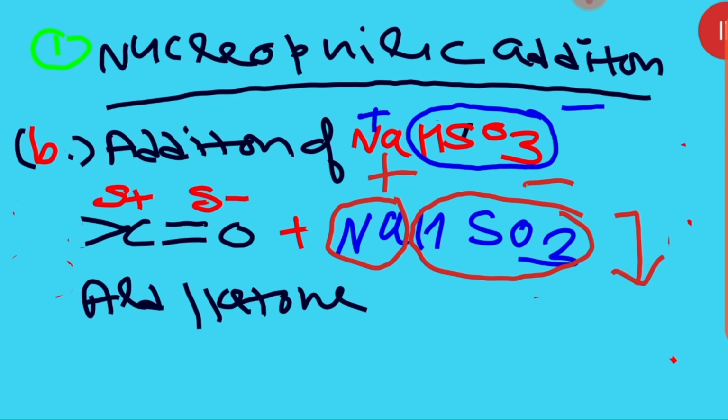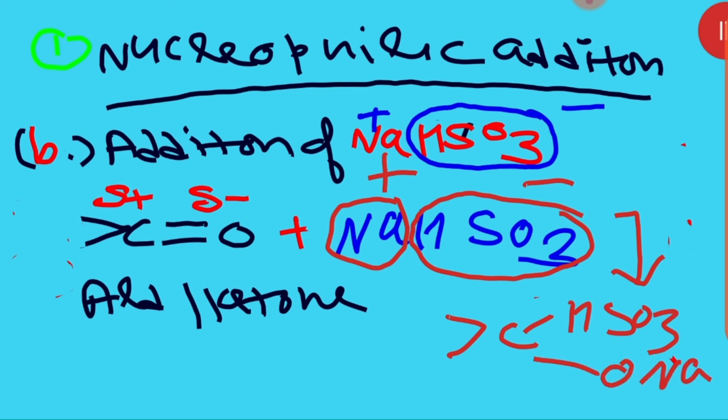Then what will be the product over there? The carbon becomes positive, then it will be HSO3 on one side and ONa on the other side. Clear? Since HSO3 was negative, it will attach directly to the carbon.